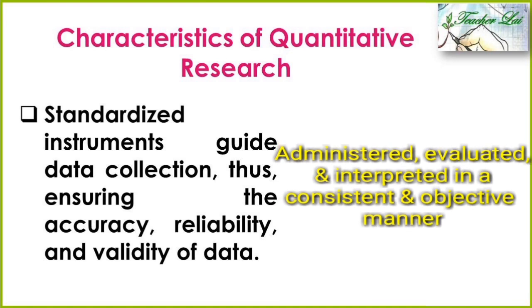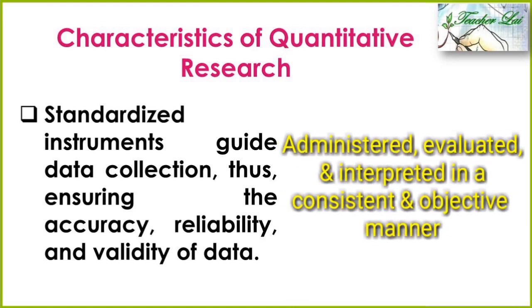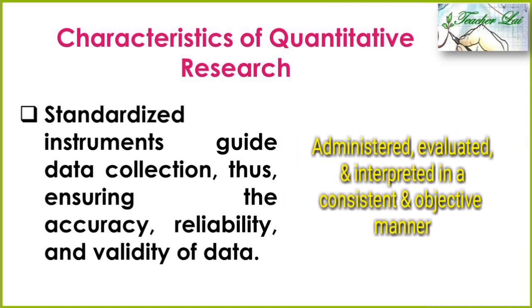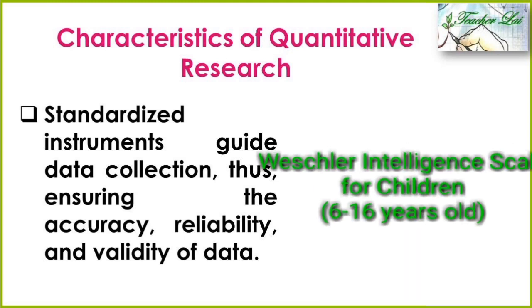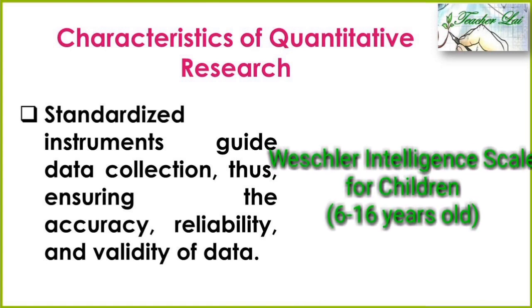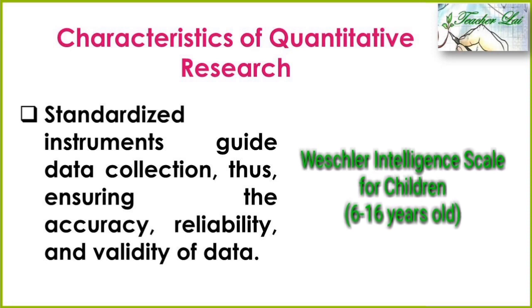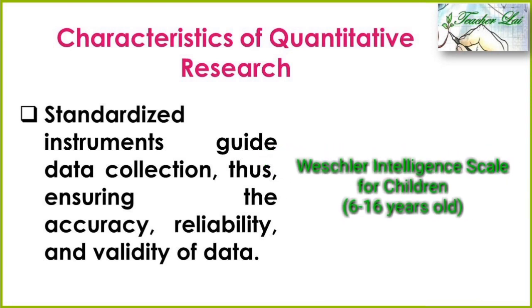It is administered, evaluated, and interpreted in a consistent and objective manner, and is widely used as a method of measuring certain variables. The best example of the standardized instrument is the Wechsler Intelligence Scale for Children that is used to measure the intelligence quotient of children ages 6 to 16 years old only.